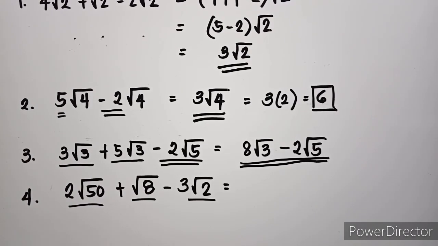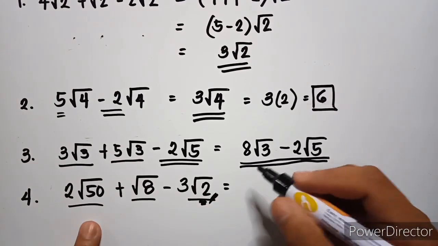Pero, since ang ating mga radicals sa first two terms ay pwedeng i-factor, pwede nating gawing similar yung tatlong term. Paano yon? Ang hint dyan, kung ano yung pinakamababang radicand, yun ang kanyang factor. Kung ano yung pinakamababang radicand, hahanap ka ng factor dito.